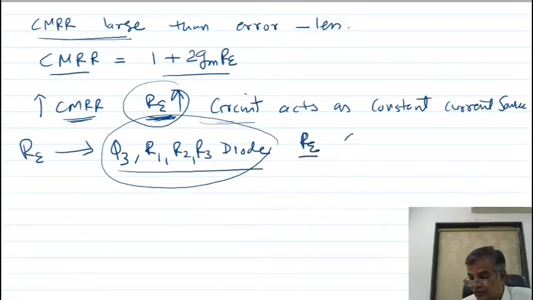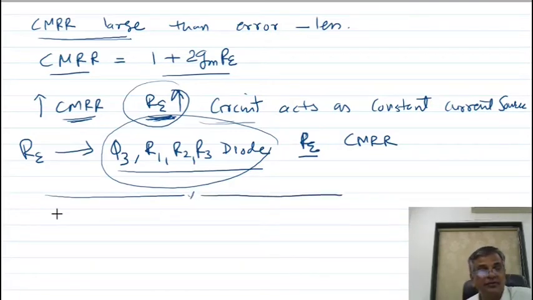So it provides a very large value of CMRR. Today we want to see a similar circuit with fewer components.